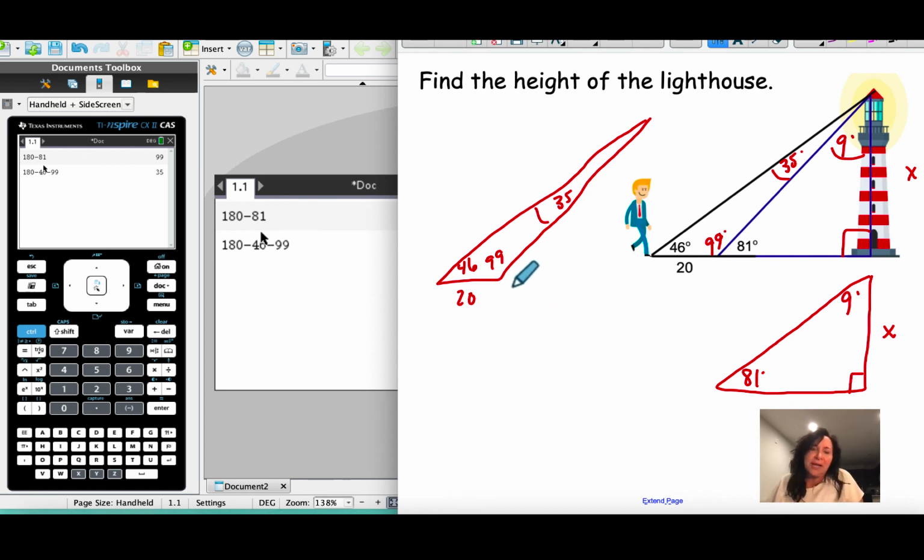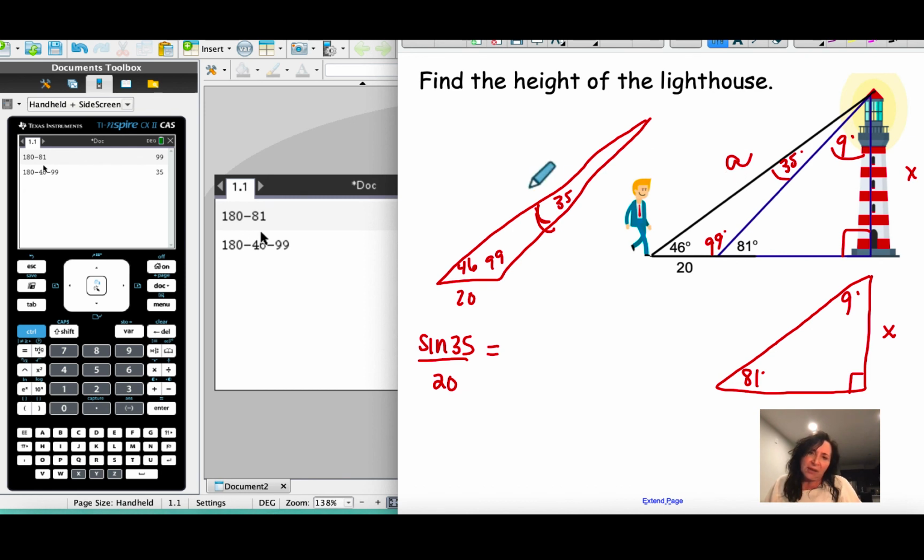So we have all three angles. Remember, for law of sines, we just need two angles. That's preferable, because if we have two angles, then we have three angles. So basically we're going to say sine of 35 over 20 is equal to, and what I want is this side right here. Let's call that a.